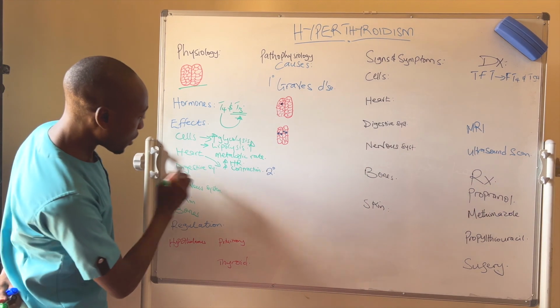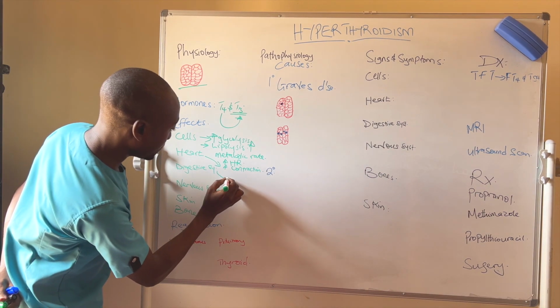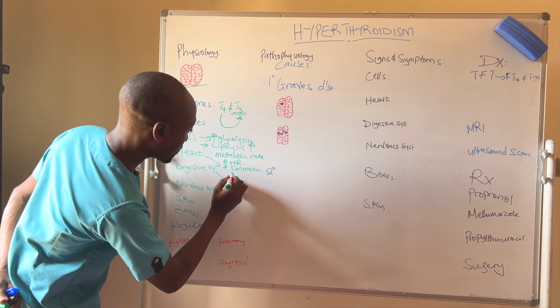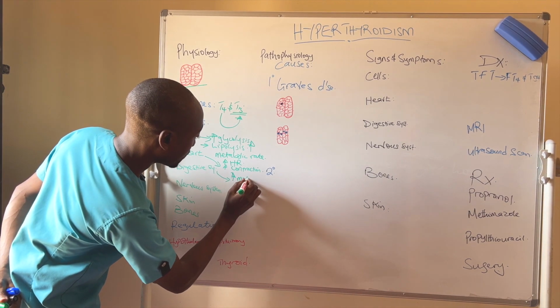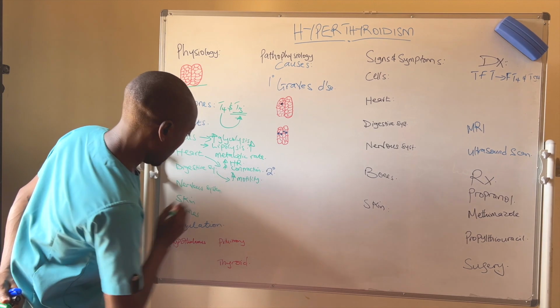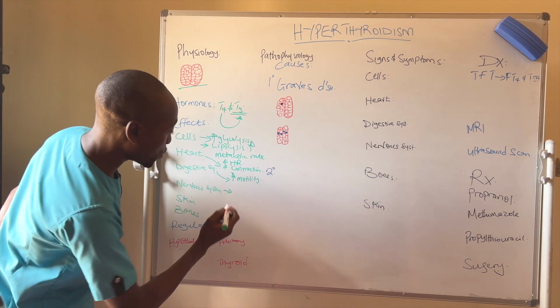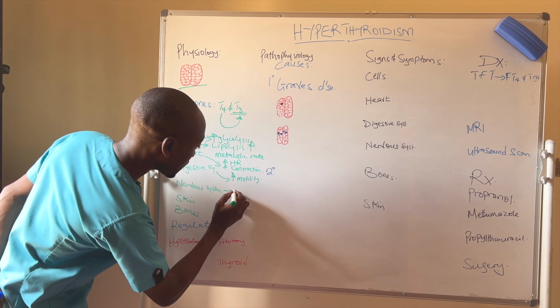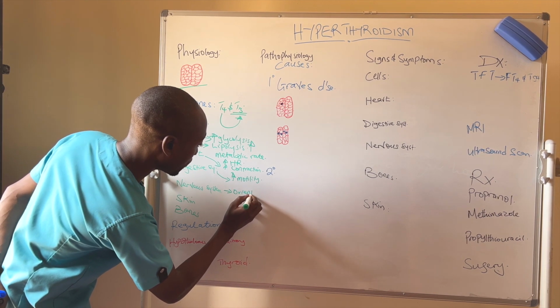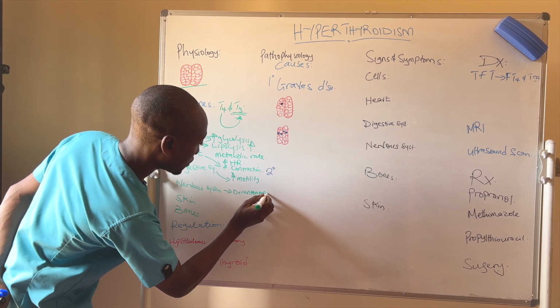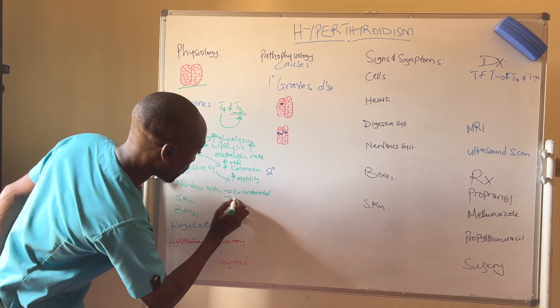When we look at the digestive system, these hormones increase motility. On the nervous system, they help you to remain oriented, and they increase what we call mentation.